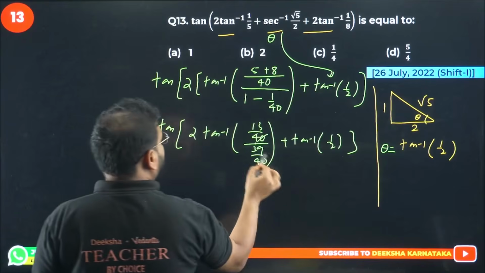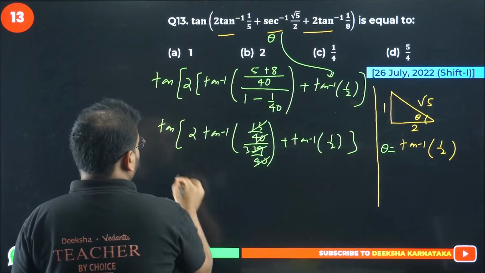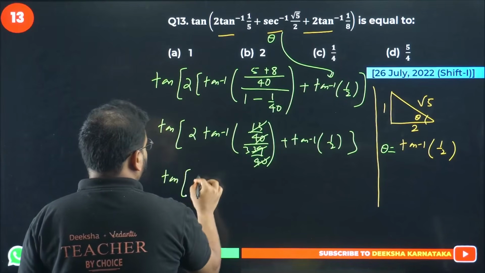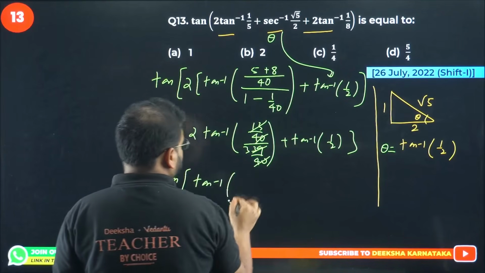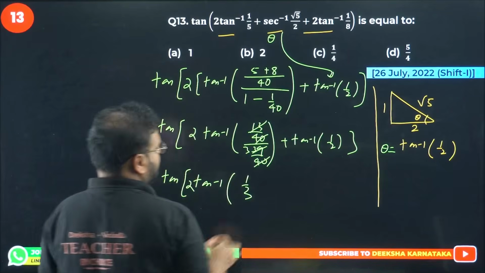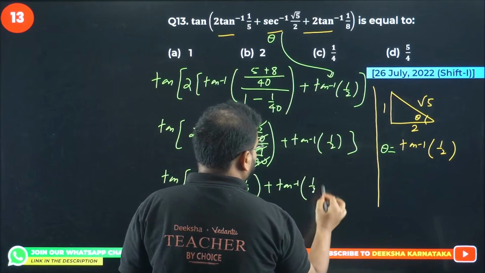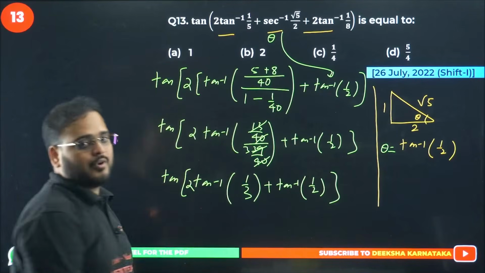Please check. 40 cancelled. 13 3s are 39. So I get tan inverse of 1 by 3, 2 tan inverse of 1 by 3 plus tan inverse of 1 by 2.